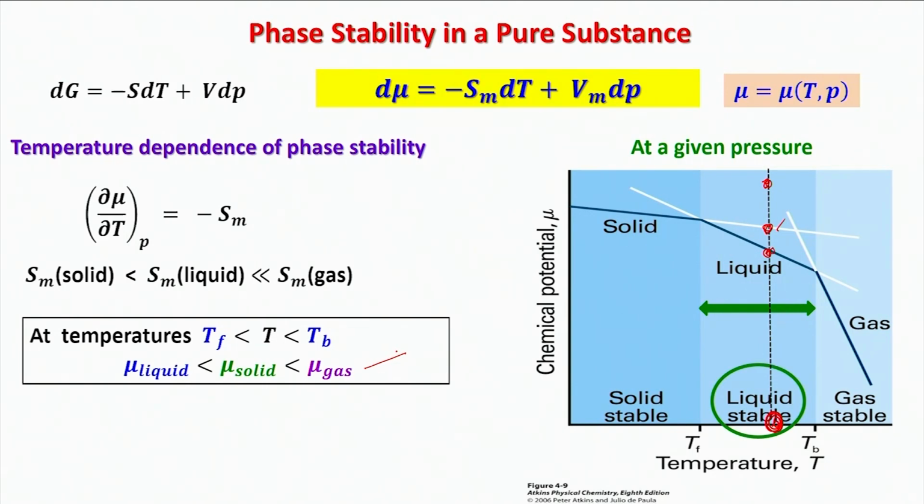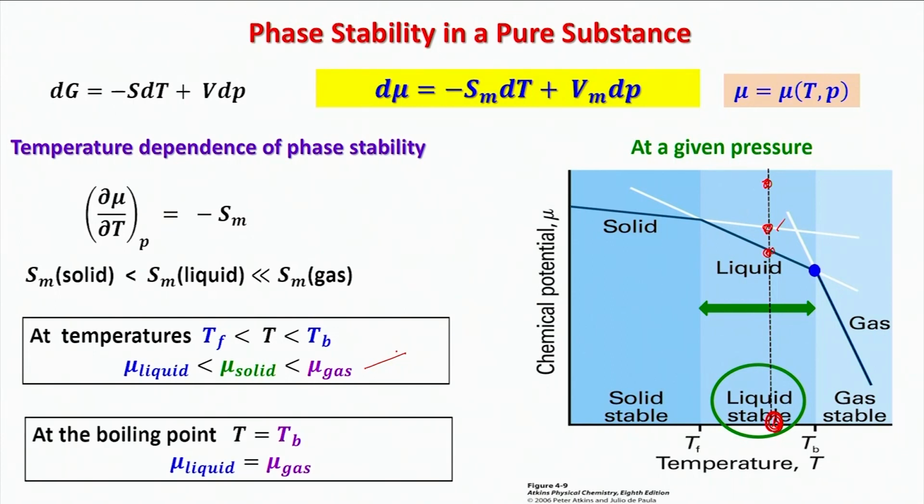And finally, when I look at the temperature T equal to Tb, this is the temperature when the value of mu liquid becomes equal to the value of mu gas, and therefore I can say that at this temperature the liquid and the gas are going to be equally stable and they can coexist in equilibrium with each other.